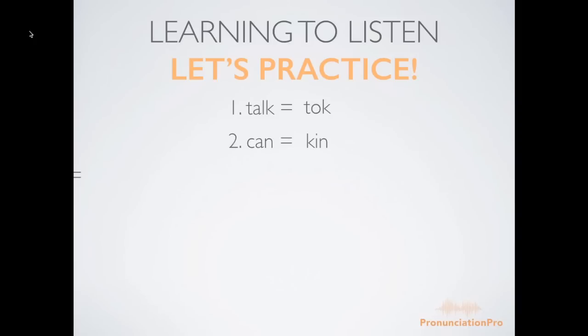If it doesn't, go back to the word stress lesson, in the section between can and can't, and you can review those in detail. All right, another common English word: it's not "off," it's pronounced "of," okay?